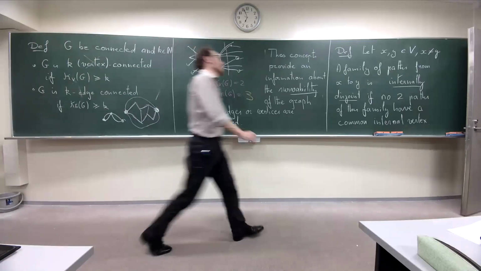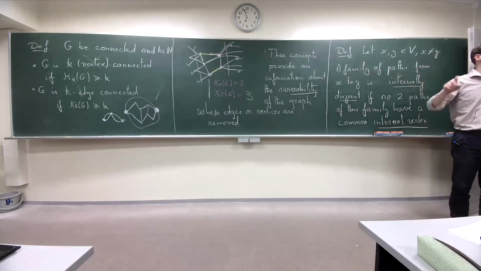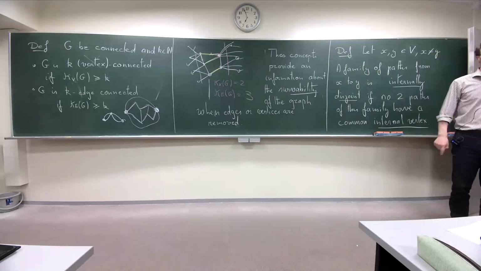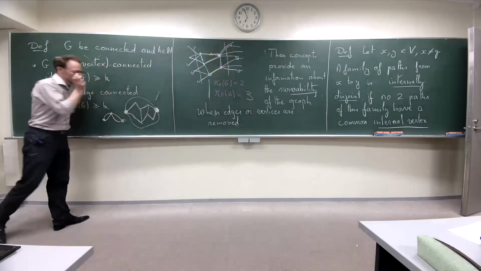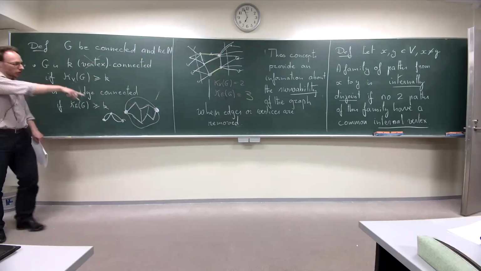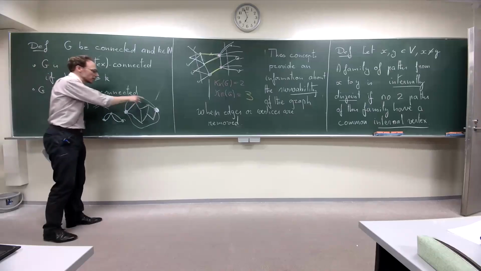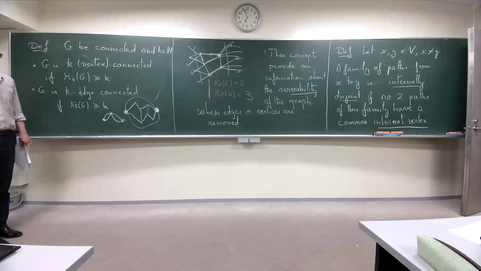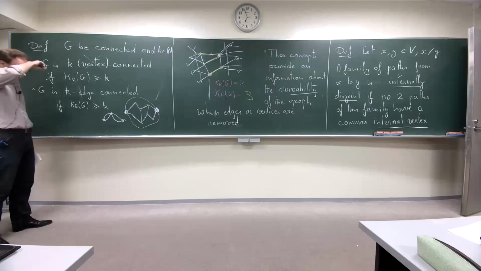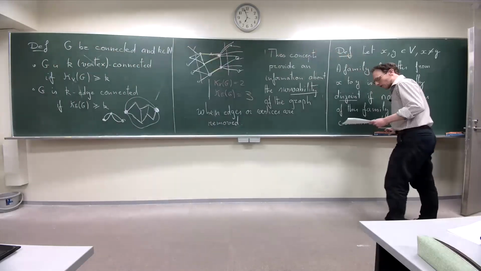I didn't define internal vertex: when you have a path, it's everything except the 2 endpoints. So they all go through these 2 points, but they have no internal vertices in common. Okay, so this is the notion, and I will even make it slightly more general in the future.